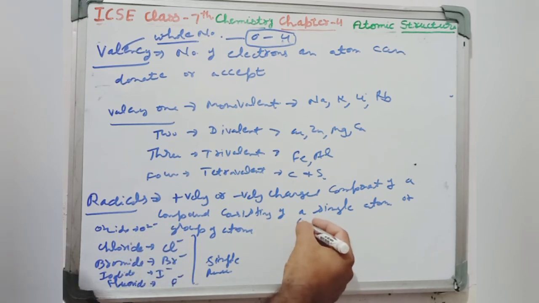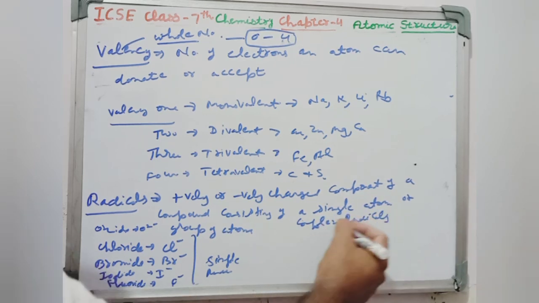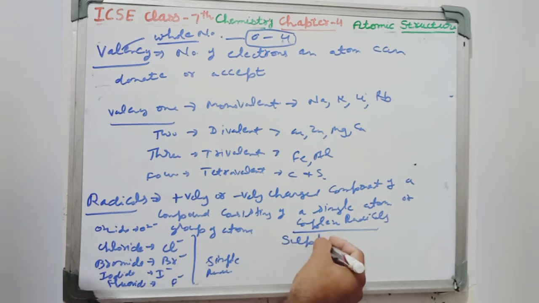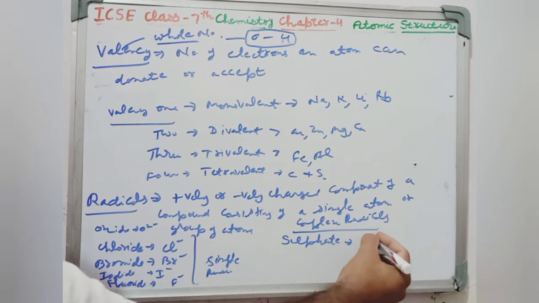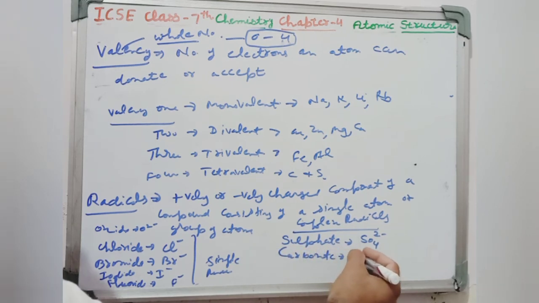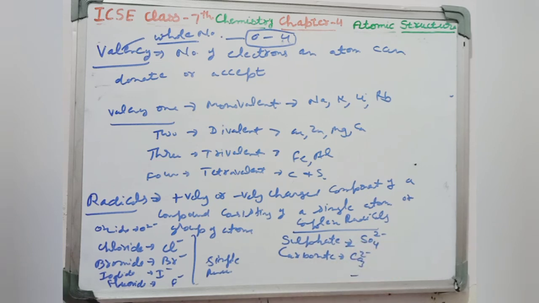And in complex examples there are sulfate, SO4 2 minus, and carbonate, as in calcium carbonate, CO3 2 minus, right? Copper sulfate, right? These are radicals.